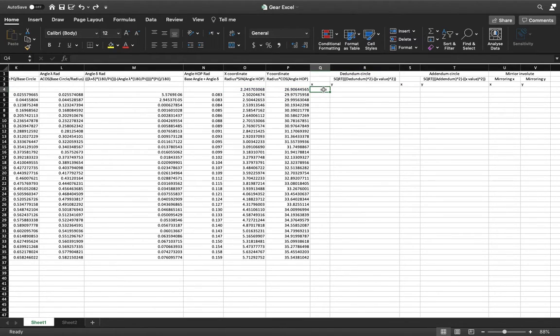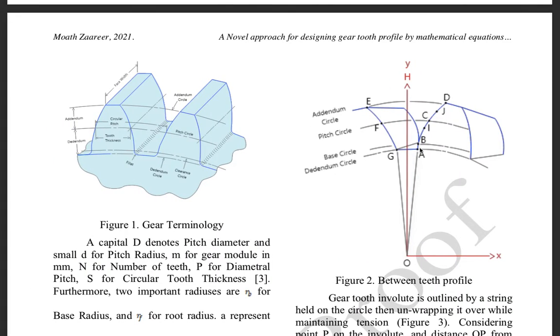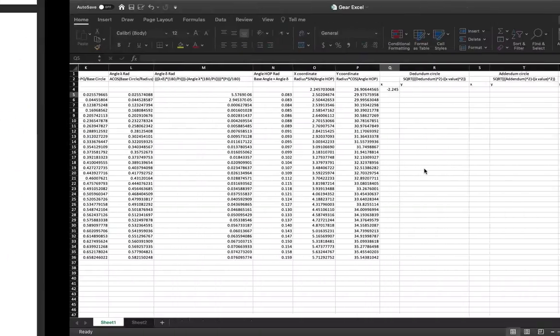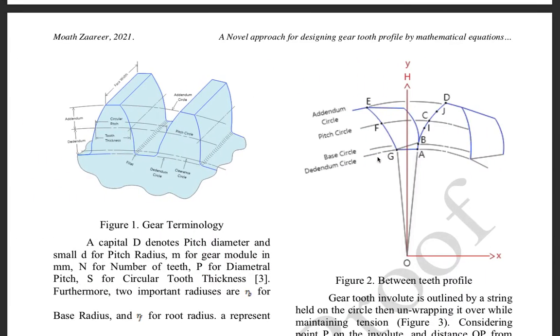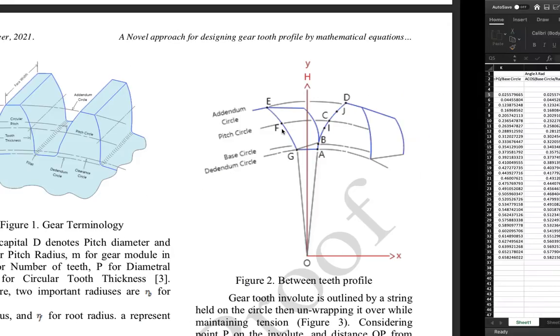So this equals minus 2.2424 because we begin from A is equal to G, but it's a different angle since this is the y coordinate. So we move from negative to positive, and this gives us this shape of the involute that we are looking for.